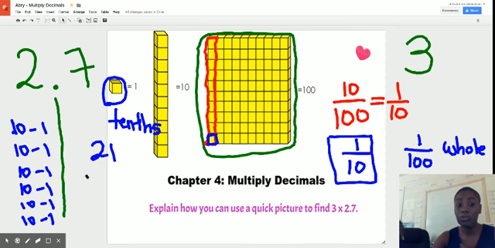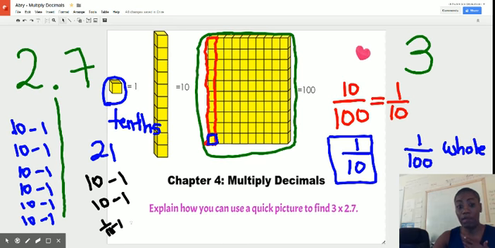Oh, so 2 10s are in there. So there's 1 10 and there's another 10. And what is left over after you said there were 2 10s? 1. And 1 more is left over, which is 1/10, right? One of those.